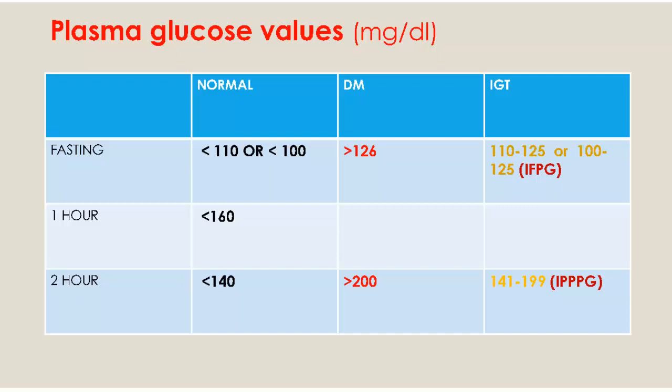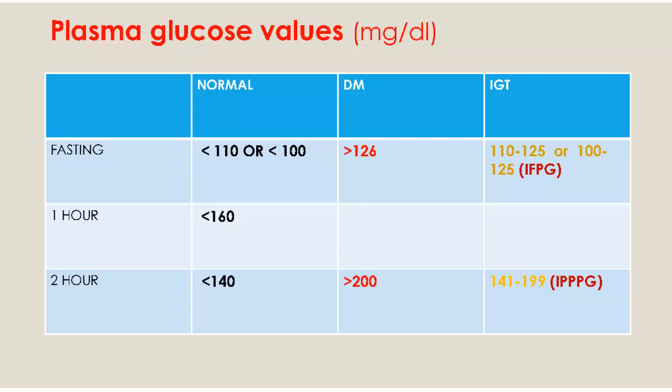But what are the in-between values? The in-between values are between 110 to 125 or 100 to 125 milligram per dl. This is termed as IFPG, impaired fasting plasma glucose.